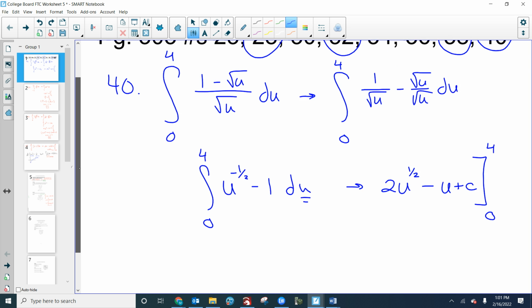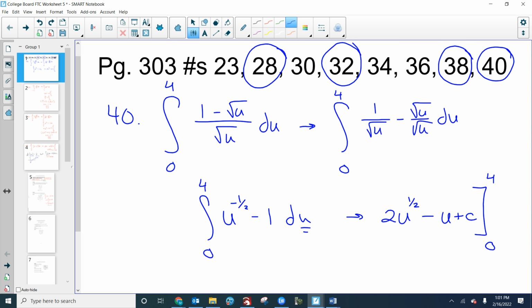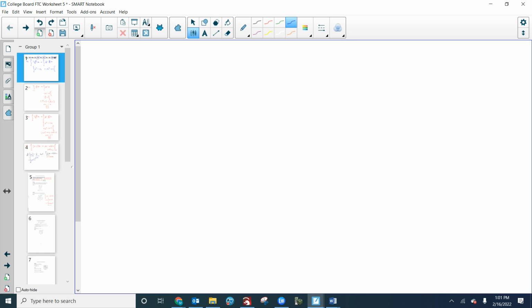All right, which ones have we not done that you asked about? 28? 28 was the integral of 3 to the x from negative 2 to negative 1.